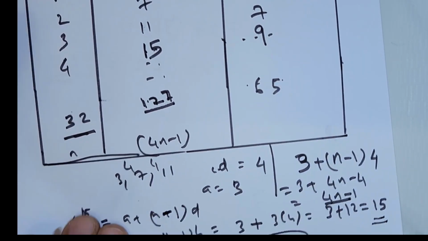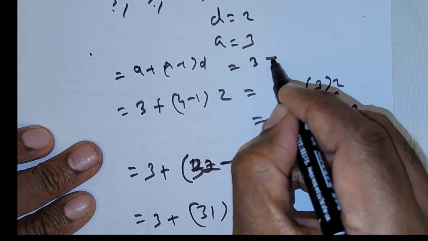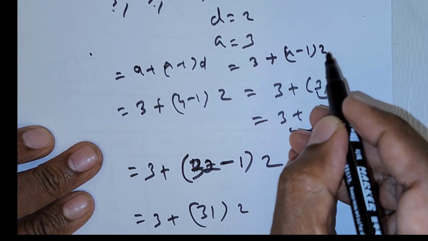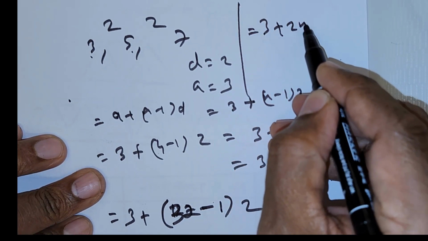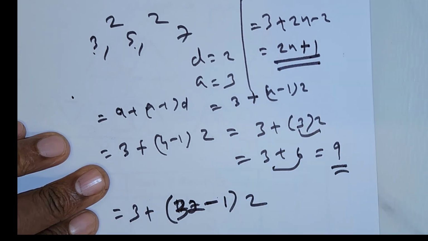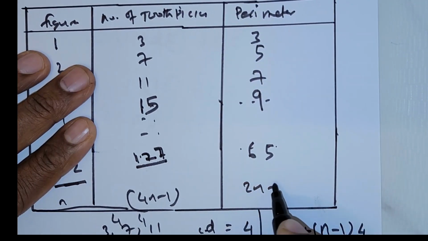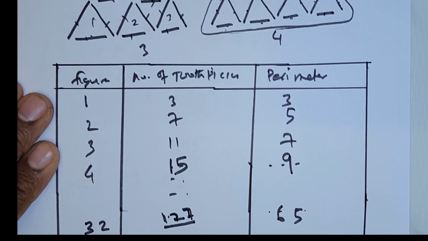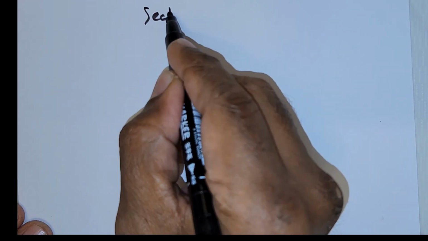And for this we need to get the n value. So this is 3 plus (n minus 1) times 2. This is going to be 3 plus 2n minus 2, which means 2n plus 1. So that's the n value here. So this is 2n plus 1. Okay, so that completes the solution for this question. So we have reached section 2.